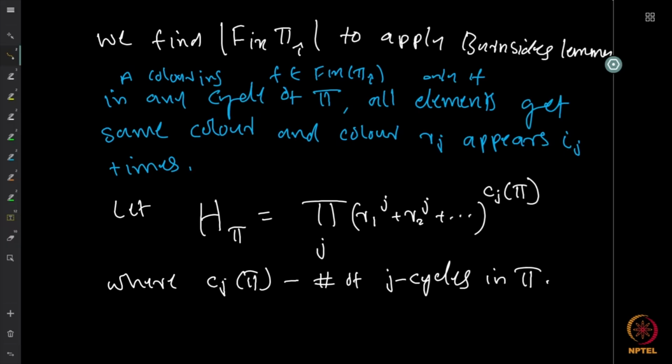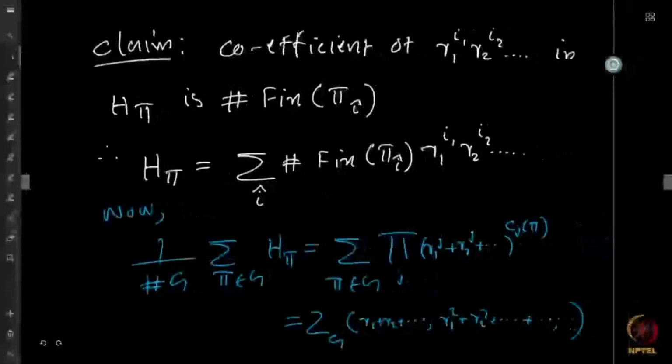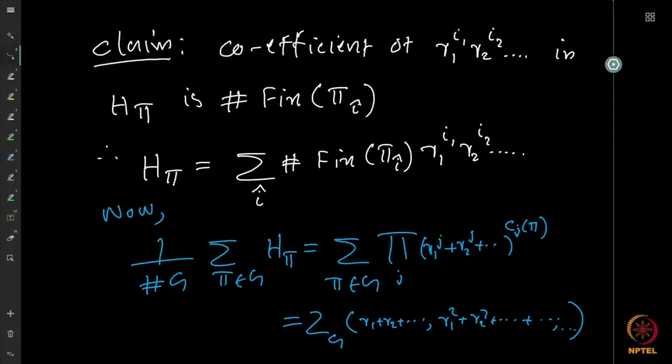That is precisely the coefficient of r1 raised to j1, r2 raised to j2, etc. So that was the claim that we want to make. The coefficient of r1 raised to i1, r2 raised to i2, etc. in S pi is fix of pi I cap.